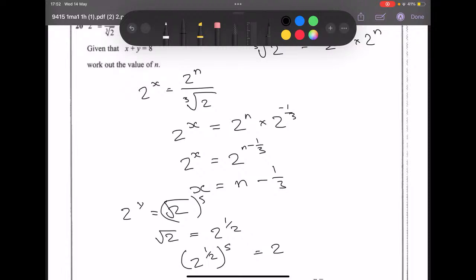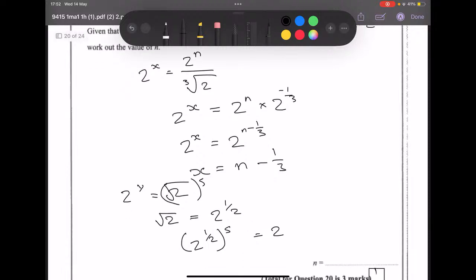Another thing we can do is add the powers. So that would give us 2 to the power x plus y equals 2 to the power n subtract a third plus 5 over 2.